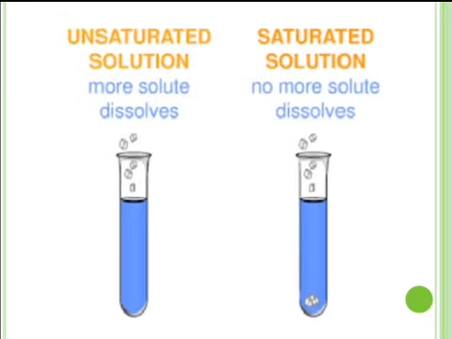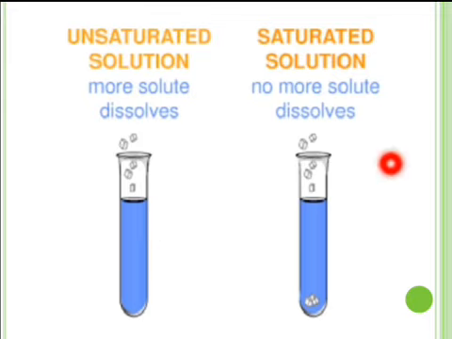You can see with the help of these diagrams that in this case this is unsaturated solution, means we are adding more solute in the same solvent, and it is capable of dissolving more and more salt as solute in it.